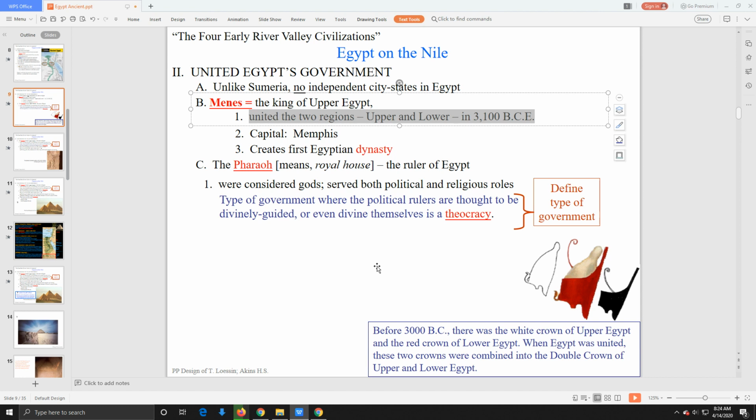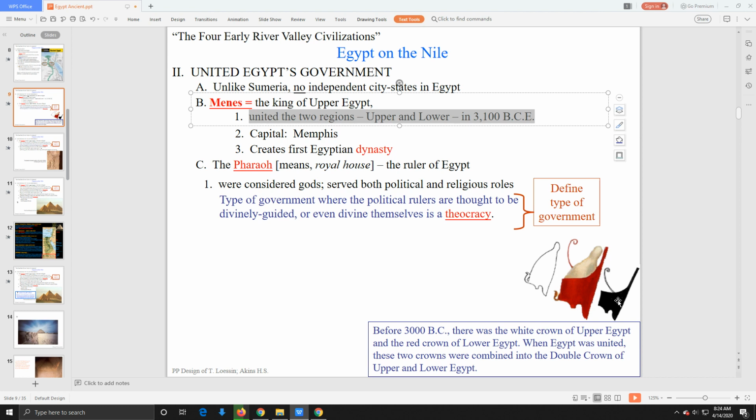When Menes unites the two kingdoms of Upper and Lower Egypt, he combines the two crowns together. You'll see down in the bottom right-hand corner that on the left-hand side there's a white crown. That white crown is for Upper Egypt. And then this is supposed to be in red. It's in black on the picture, but this is supposed to be in red.